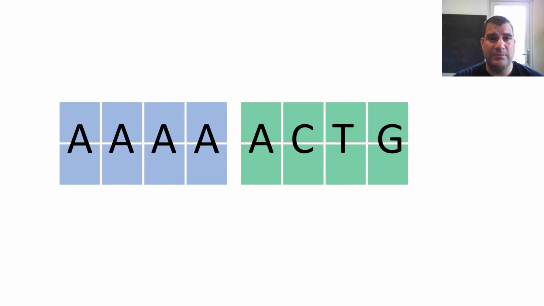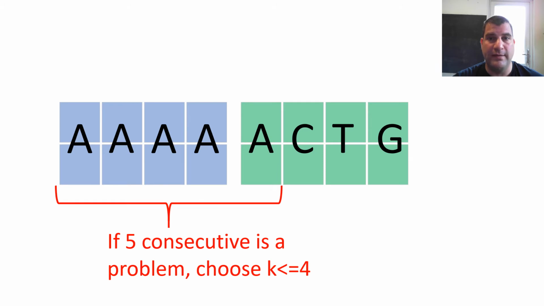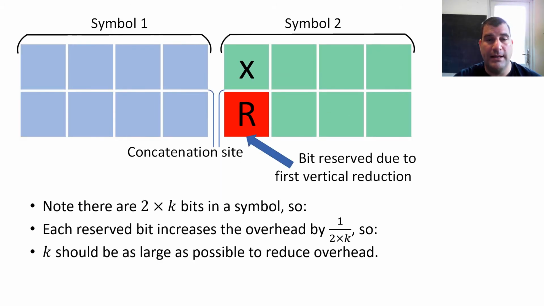The choice of K should be short enough that a symbol of length K does not contain any violation already. At the same time, note that there are 2K bits in a symbol, and if we're going to be reserving some of them to resolve constraints, then each reserved bit increases the overhead by 1 over 2K, so K should be as large as possible to reduce overhead.